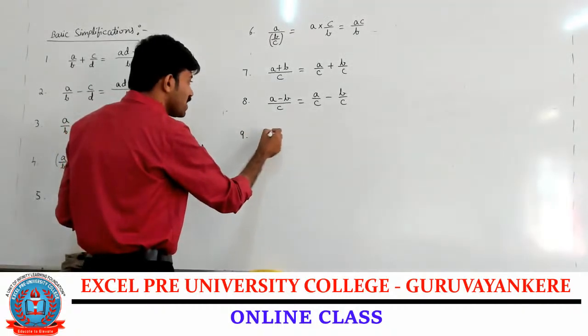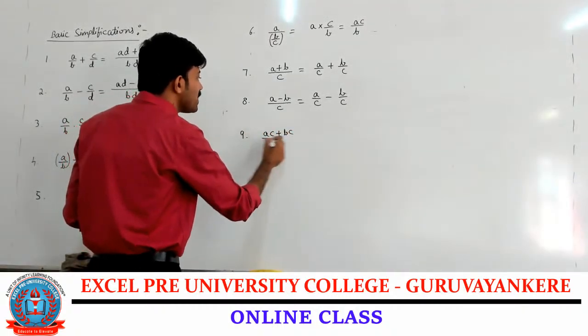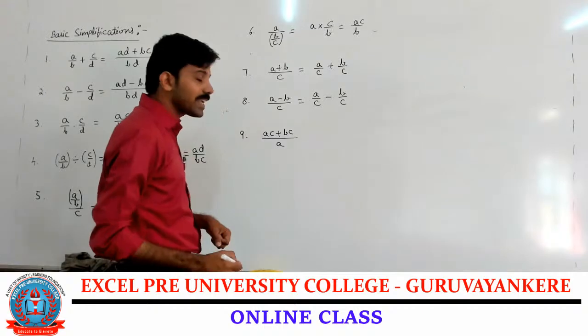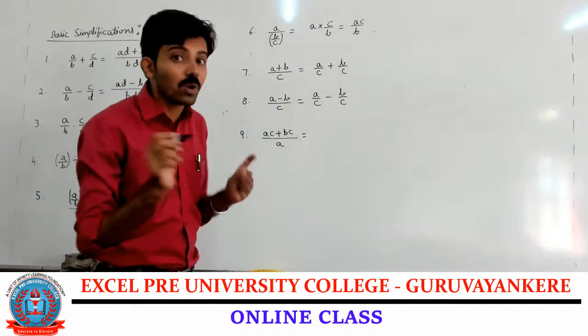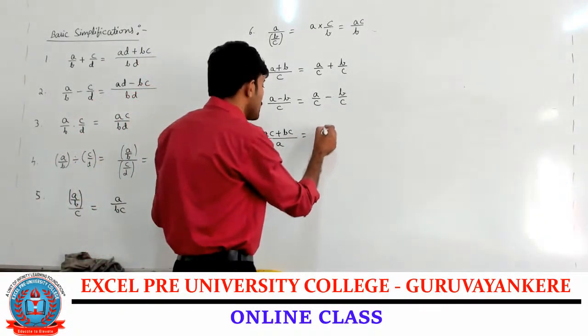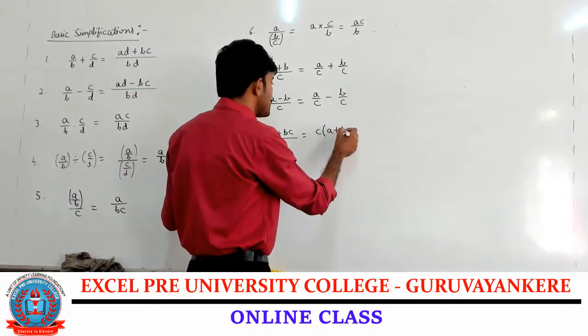Further, next we have AC plus BC divided by A. In that case, first we take C common here. Whatever is common to take out, C is common. What does it mean? A plus B, correct?